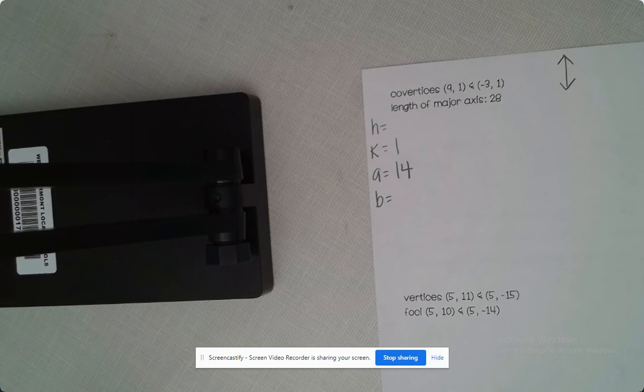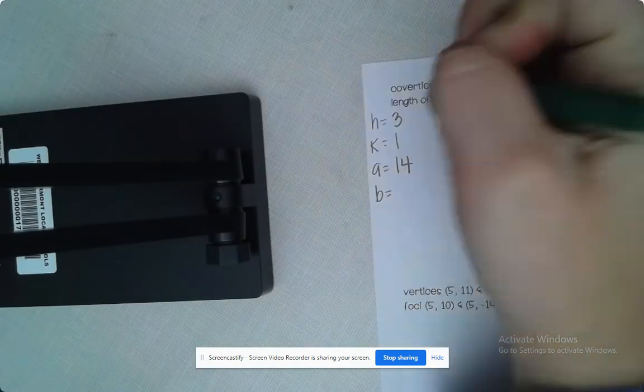You have to find H. You can't find B unless you know where your center is, unless it's given to you. Well, how do I find H? I add my coordinates together. So 9 plus negative 3 is 6. 6 divided by 2 is 3. So my H is 3.